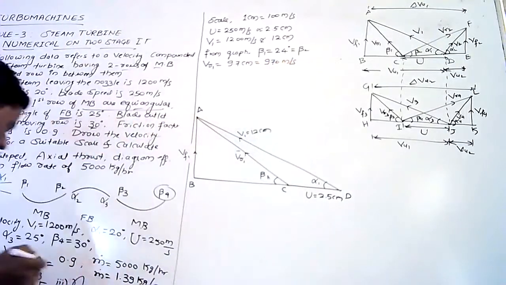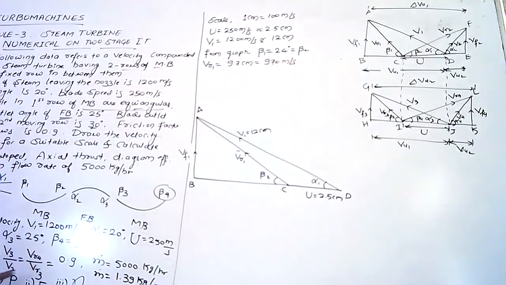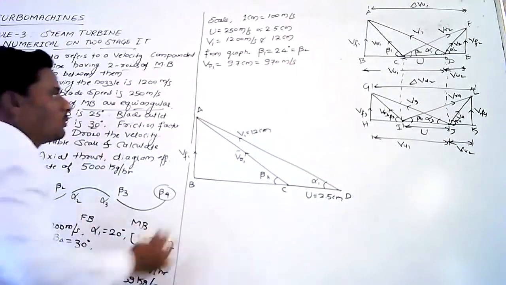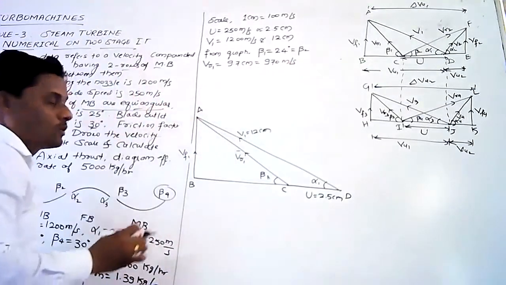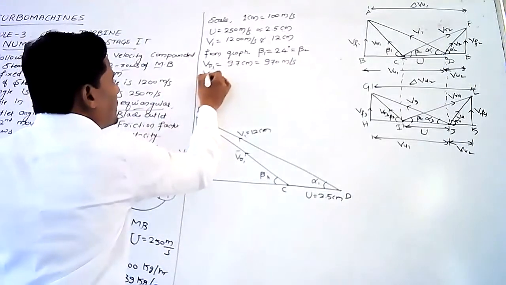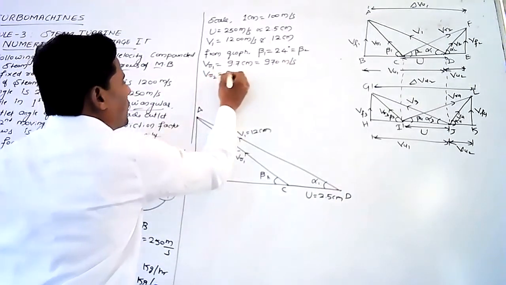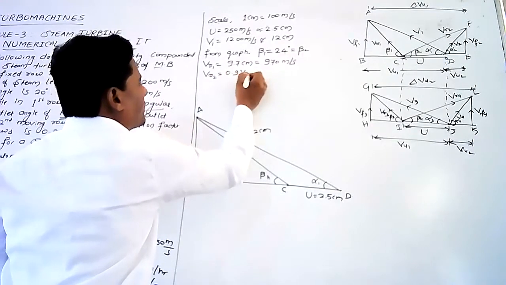Already you know the ratio VR2 by VR1 equals 0.9, given in the question. So VR2 equals 0.9 times VR1.